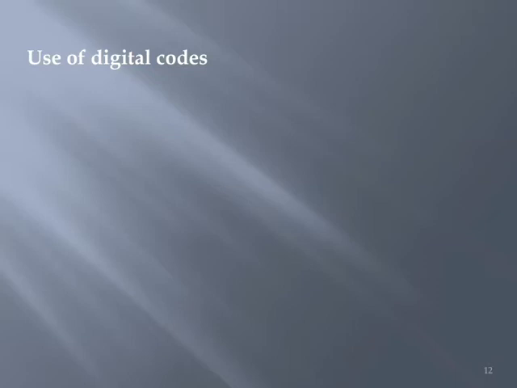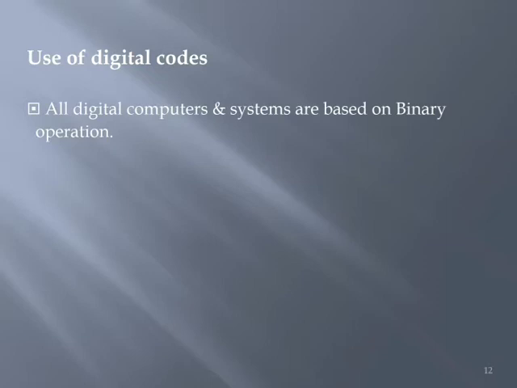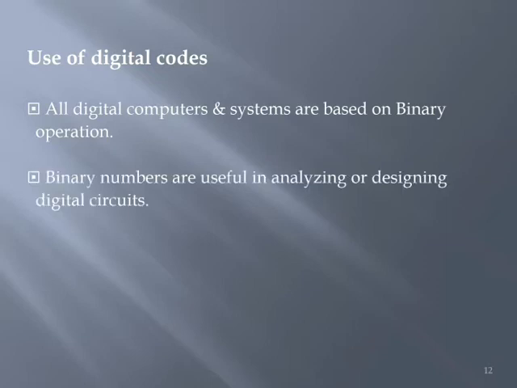Next we will move on to the other topic, that is the use of different types of digital codes. All digital computers and systems are based on binary operation only. So binary numbers are useful in analyzing or designing any digital circuits. All digital circuits operate only on binary values, that is zeros and ones.